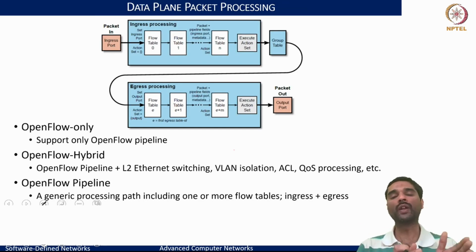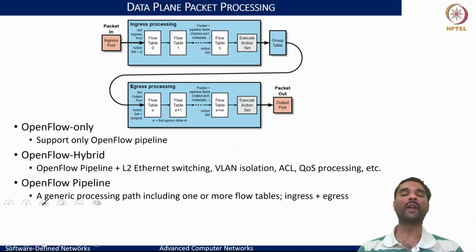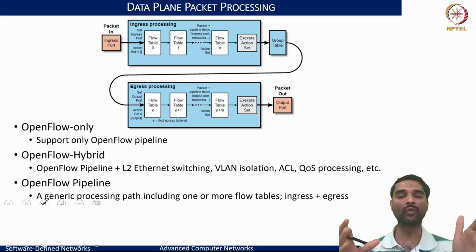And to think of what happens when a packet arrives, it's called the data plane packet processing or the forwarding plane packet processing model. Here, as the packets arrive on any ingress port, that is the incoming port, they would go through first the ingress processing pipeline, which consists of a set of flow tables on which the packets are going to be looked at and matched in terms of the rules that have been set.